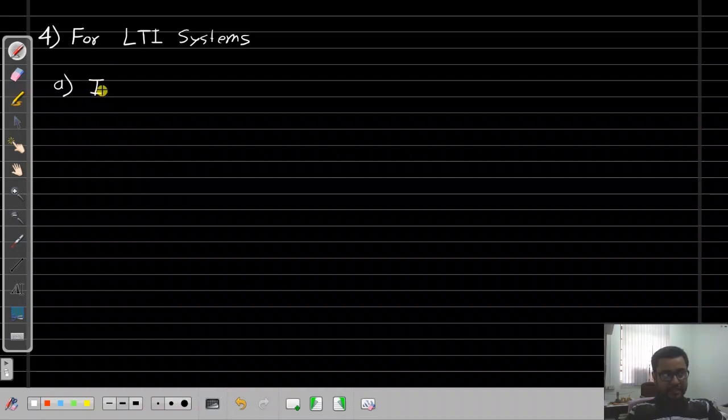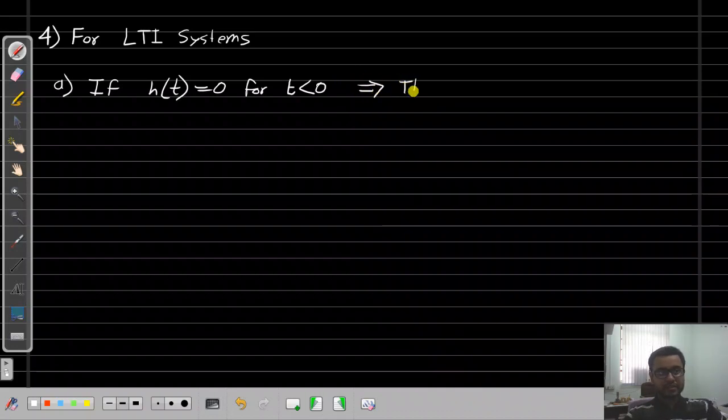Like this. If h(t) is equal to 0 for t less than 0, then the system is causal.